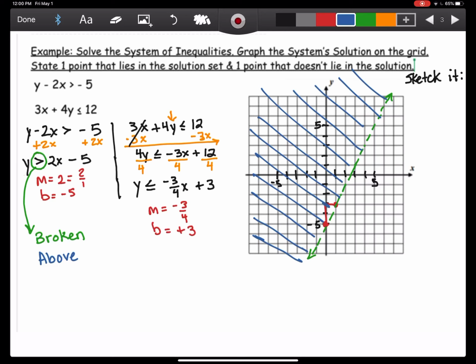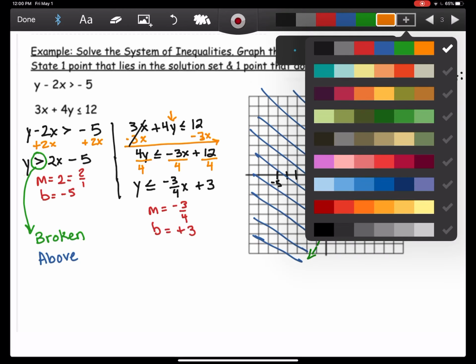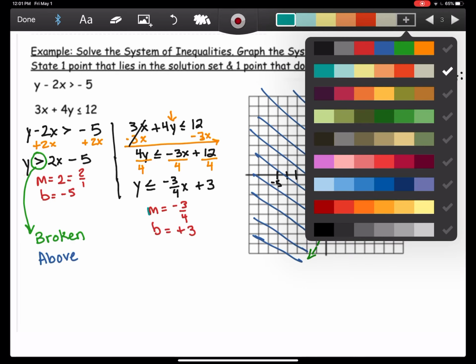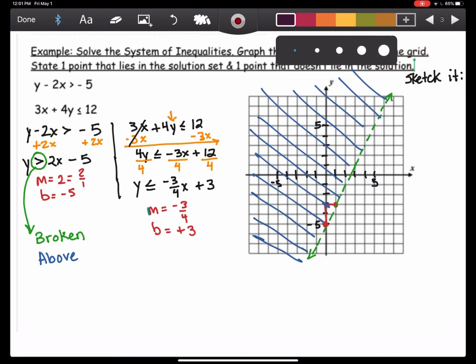Now let's do the other equation, and I'm going to use different colors here. Let's switch it up a little. Let's try this color scheme. I'm going to change these into a, oh, that's not going to really work for us. Let's do like a pink.